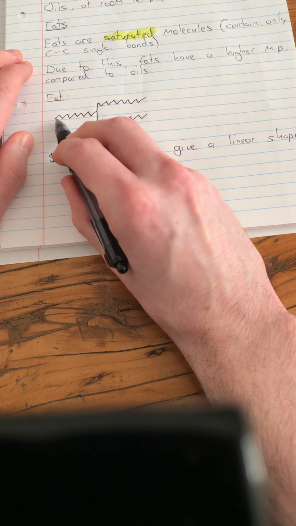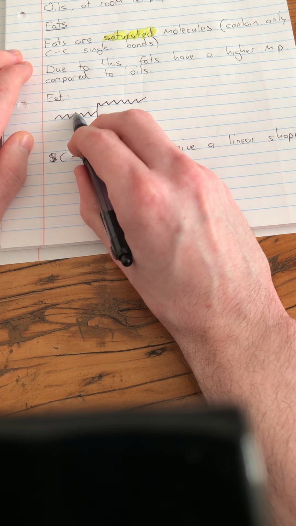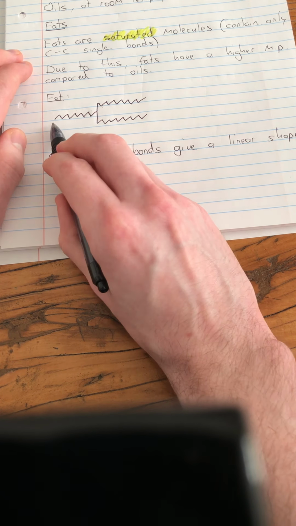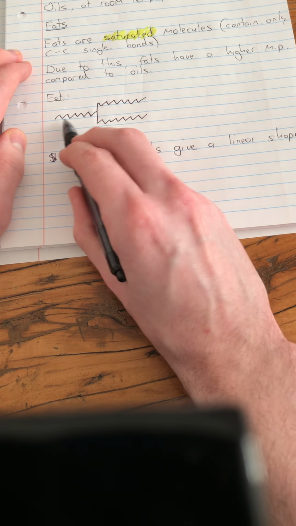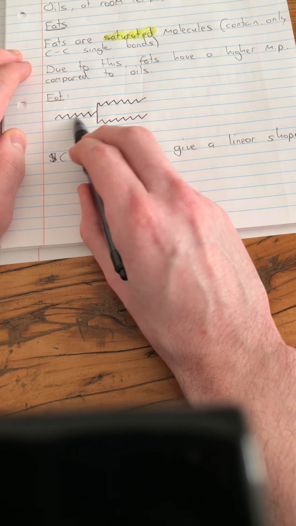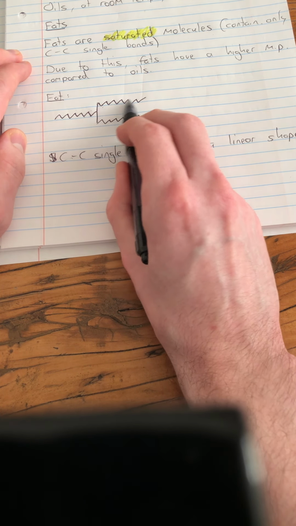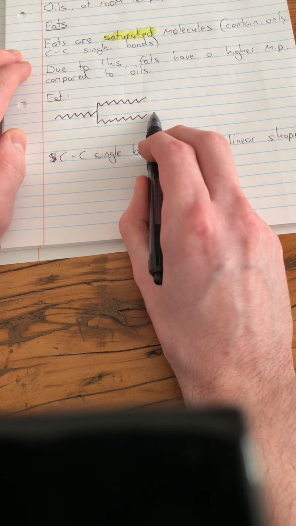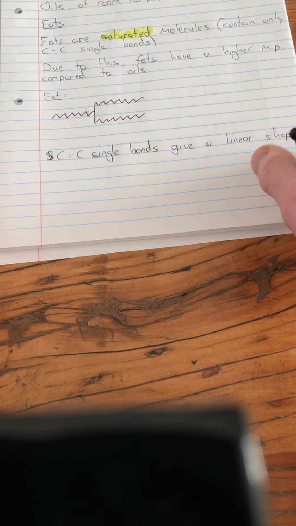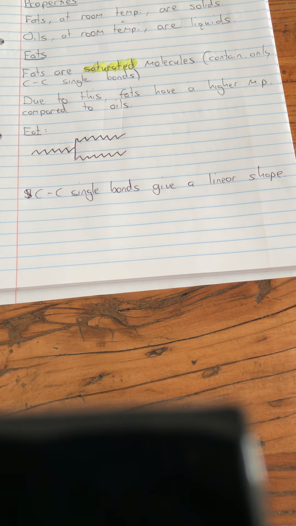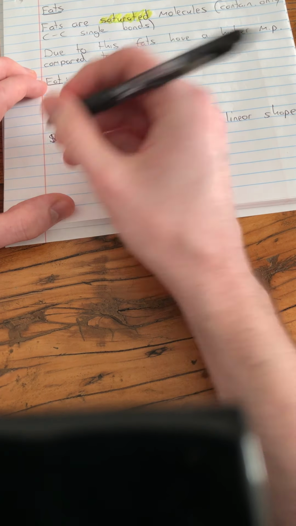Yeah, and you can see that even though obviously they're zigzagging, the general shape is going in a line. It's a linear structure. Each fatty acid chain is a linear shape. Okay, so carbon to carbon single bonds give a linear shape. And this is the cool part.